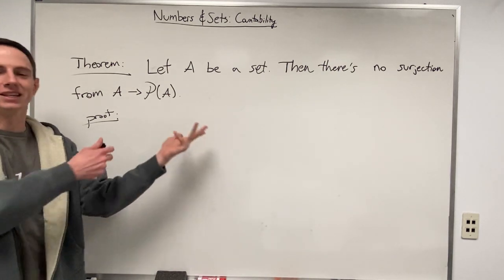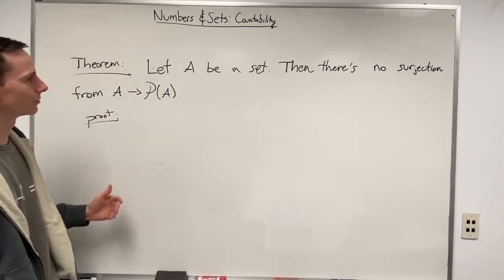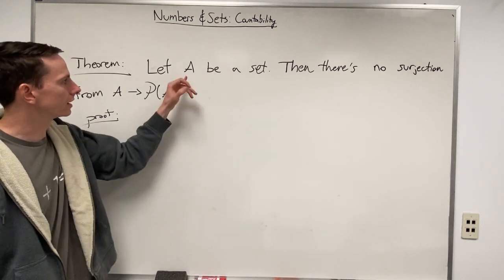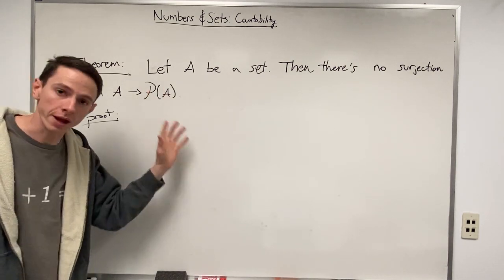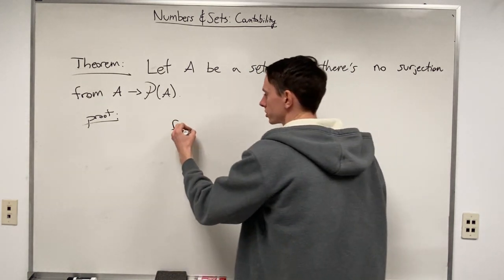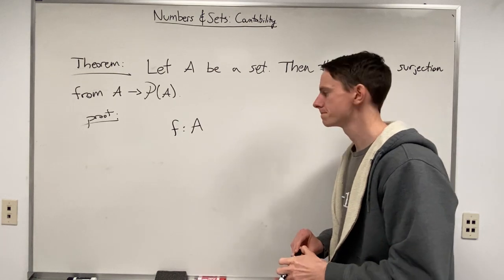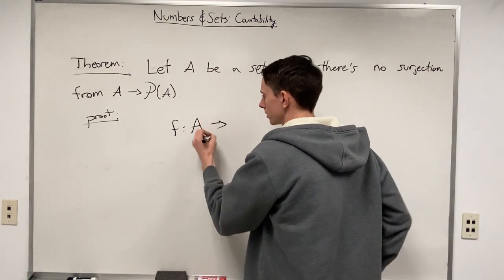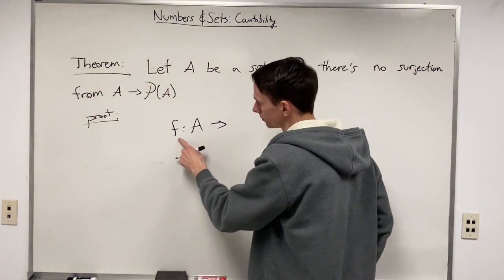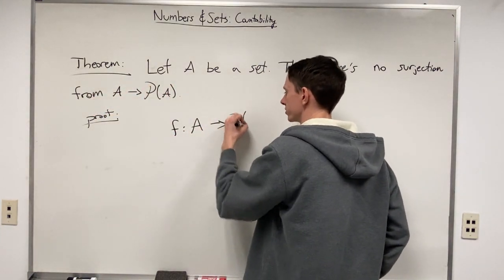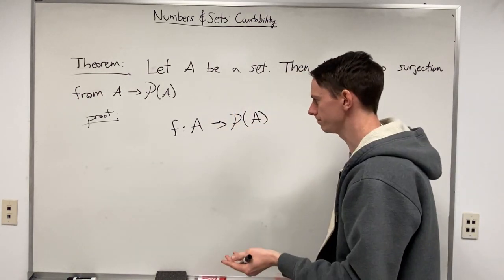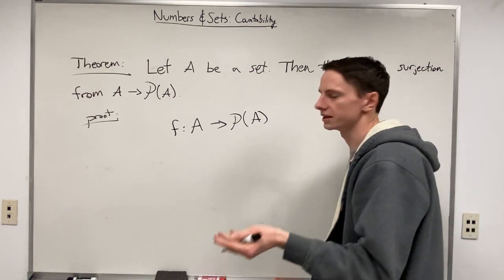So basically, we already did this on the previous board, except all we're doing now is rather than letting the domain of our function f be the natural numbers, we're just going to let it be an arbitrary set A. In the previous board, we were showing that there's no surjective function from the naturals to the power set of the naturals. If we generalize that to some set A, the argument is the exact same.